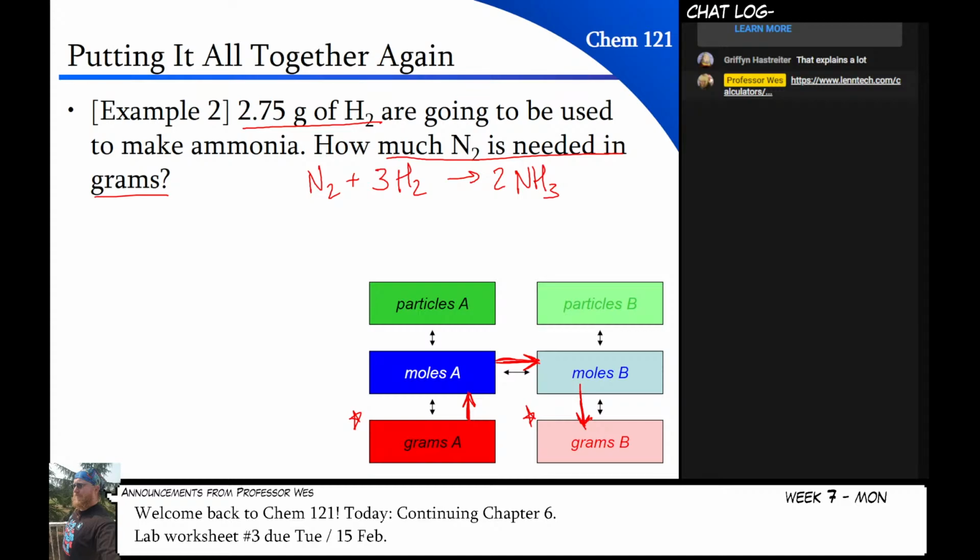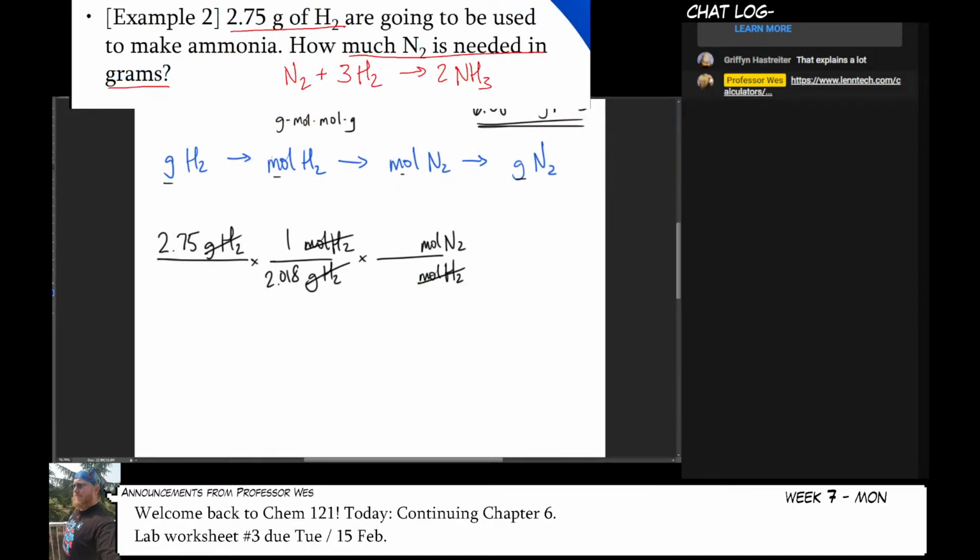Moles H2 and moles N2. How do I figure this out? Well, we go to the balanced chemical equation. Oh, no, I didn't realize that I hadn't clicked over here. Let's just do this all again so you can actually see it.